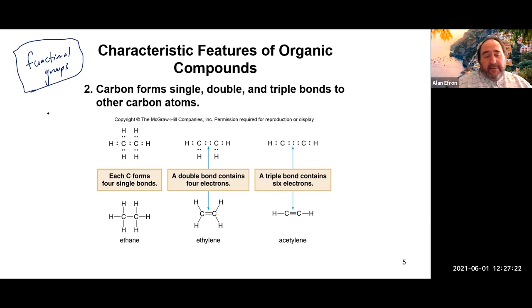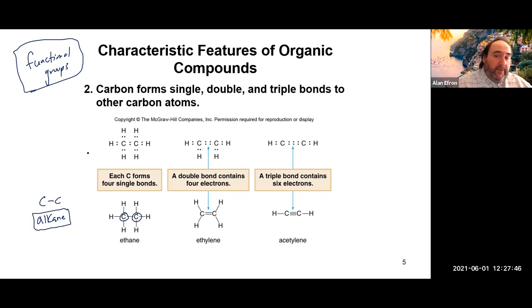So what that means is if you have all carbon-carbon single bonds, like what we see here, this is a 2 carbon organic guy, which is known as ethane, and things that have all carbon-carbon single bonds are referred to as a group of organic compounds known as alkanes.